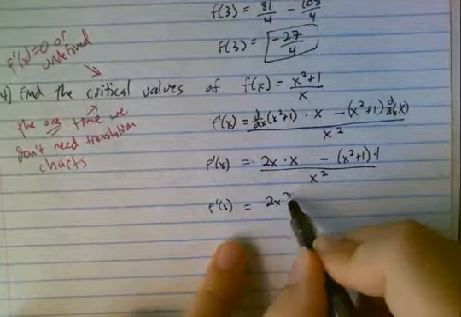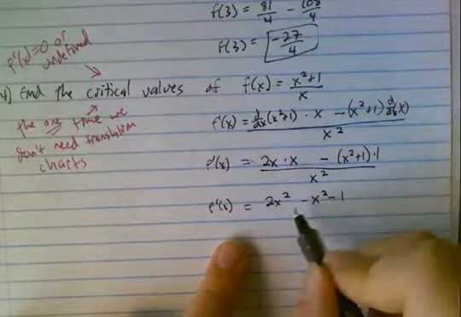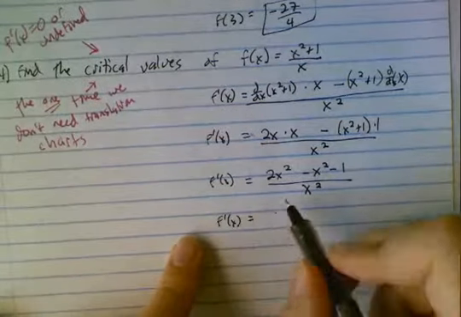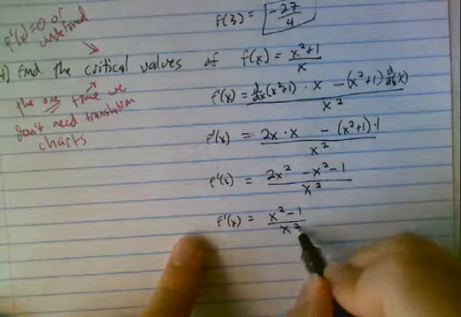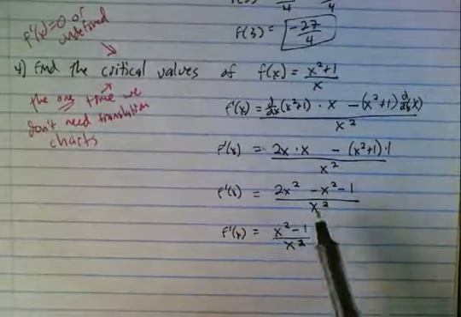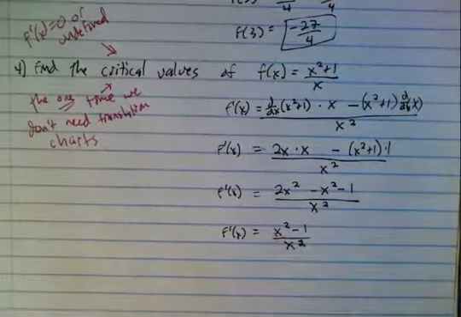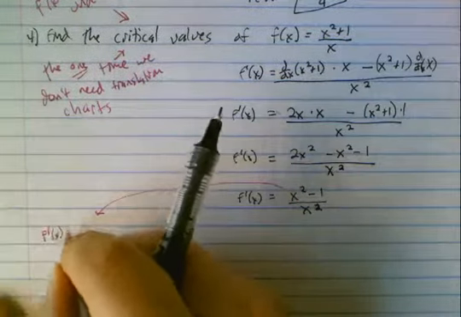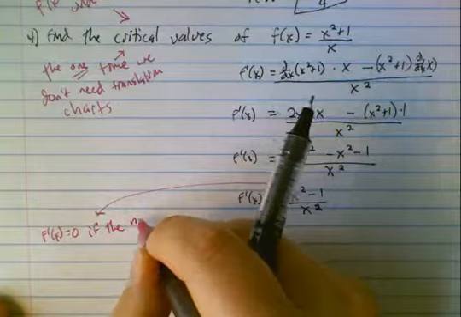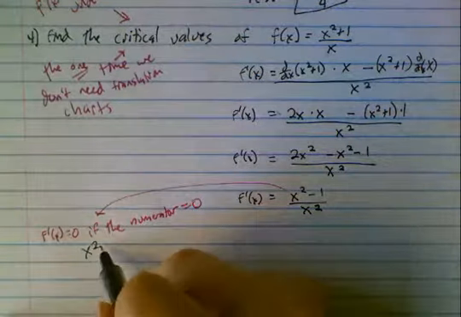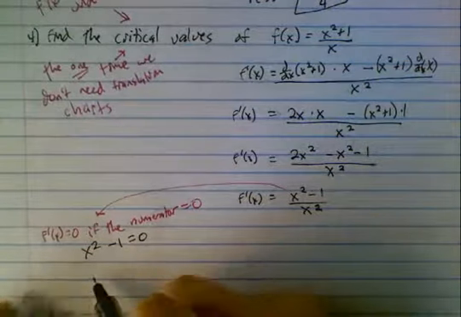So we have 2x squared minus x squared minus 1 all over x squared. So that's x squared minus 1 over x squared. Now we need to figure out where this is going to either equal 0, so the numerator equals 0, so x squared minus 1 equals 0.